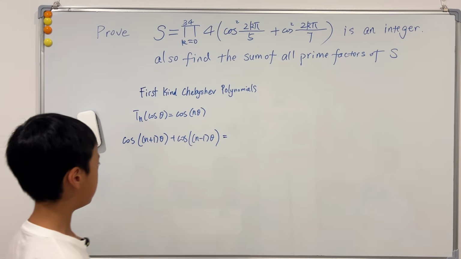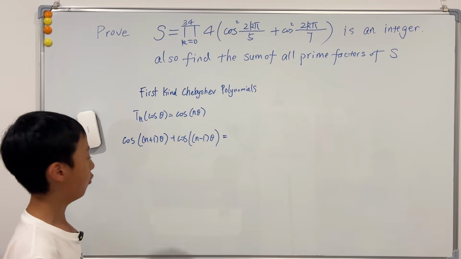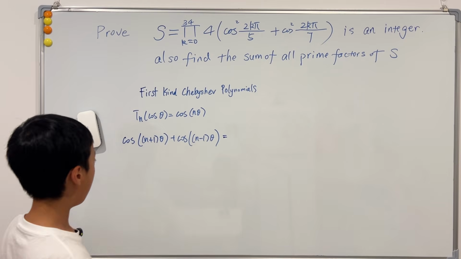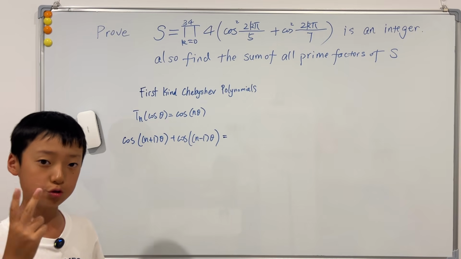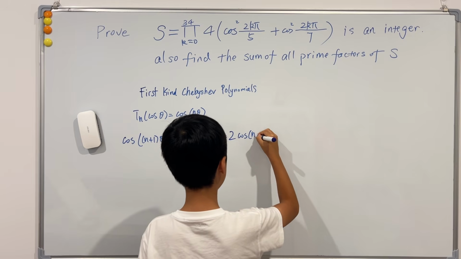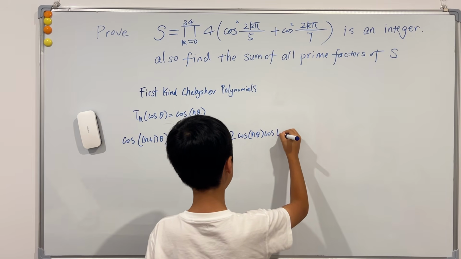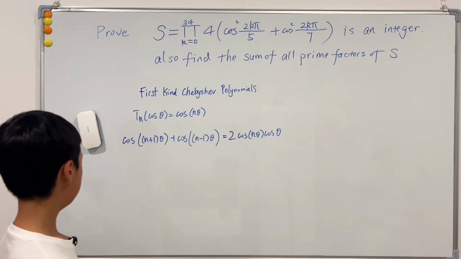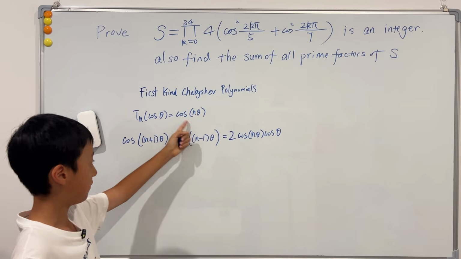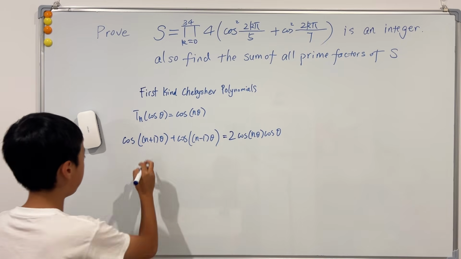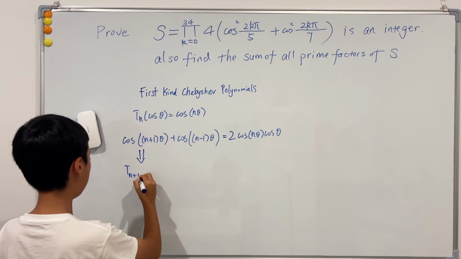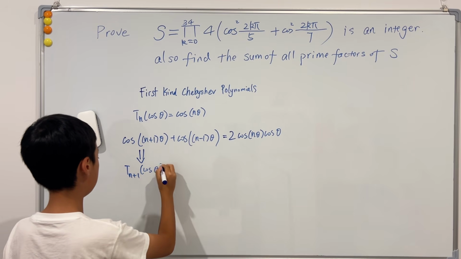If you expand this, then it's quite easy to tell that all of the sine terms will get cancelled out. So the only terms left are the cosine terms, and there will be 2 sets of them: 2 times cosine of n theta times cosine of theta. Now, since we know that Tn of cosine theta is cosine of n theta, then this first term will be Tn plus 1 of cosine theta, right?